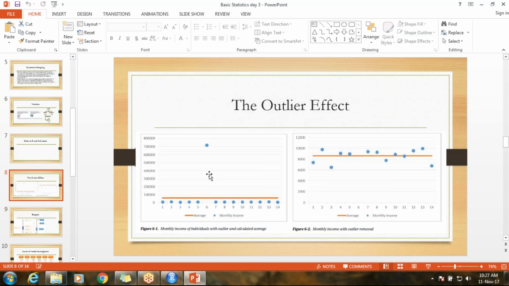But noise is something like a missing value, or a value which is not recorded properly, or is false data. Let's take an example.